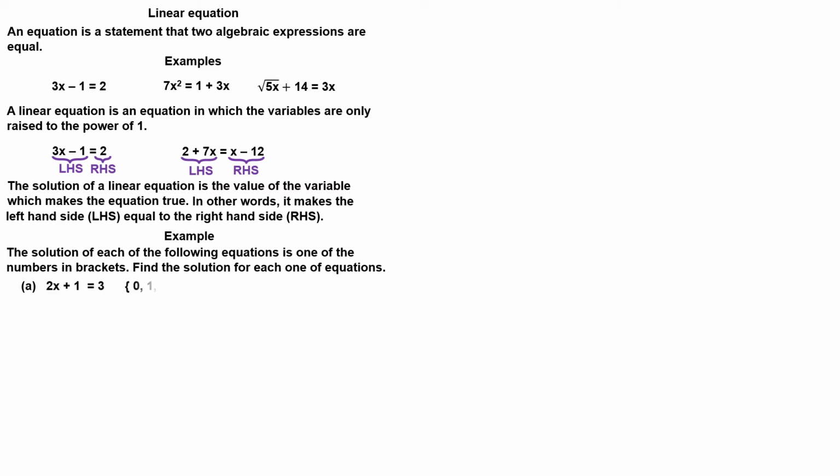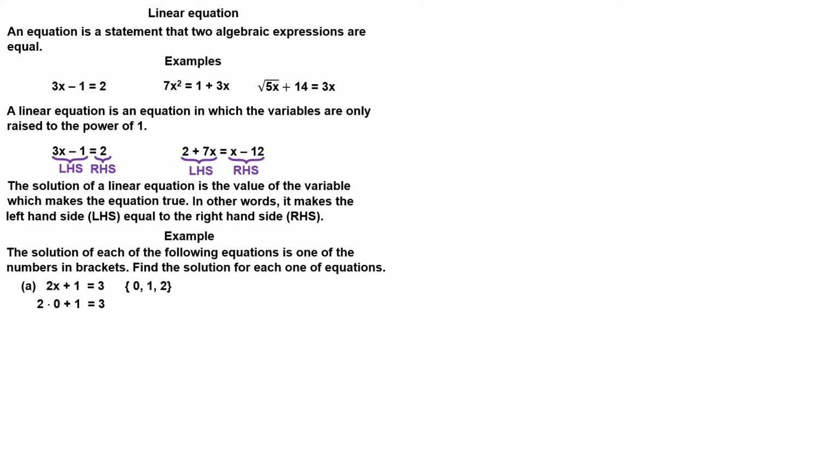2x plus 1 equals 3. To solve this equation, we change the variable for each of the possible solutions until the left-hand side equals 3. In other words, we substitute each possible solution into the left-hand side until it equals 3. When x is 0, the left-hand side is equal to 1 and the right-hand side is equal to 3.